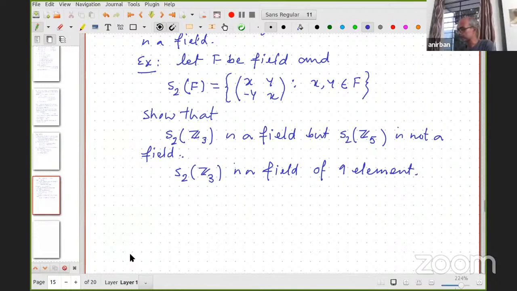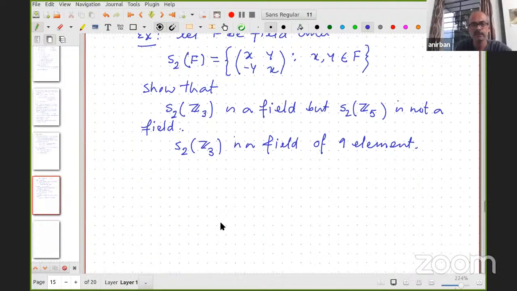One more example, which would be motivating for later work. So one more example that I'm also putting as an exercise.